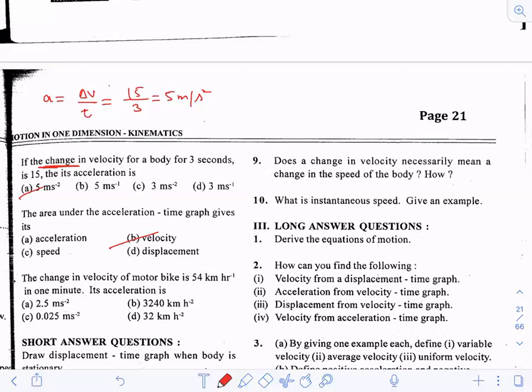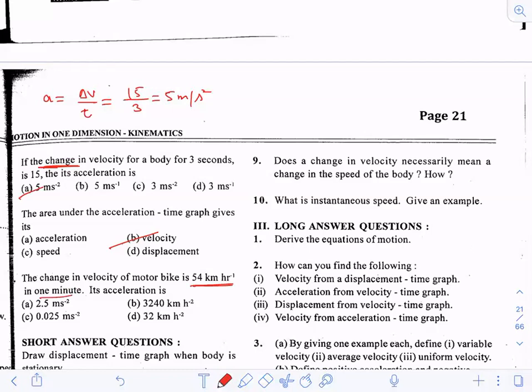Okay, fine. The next question: the change in velocity of a motorbike is 54 kilometers per hour in 1 minute.